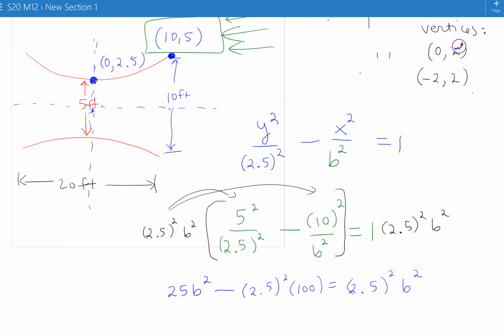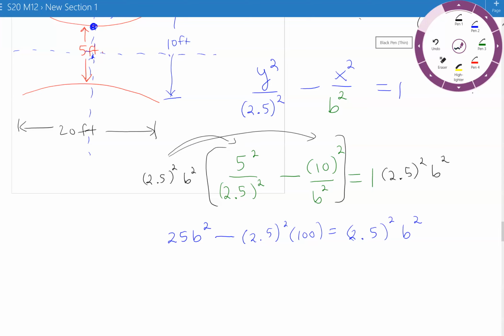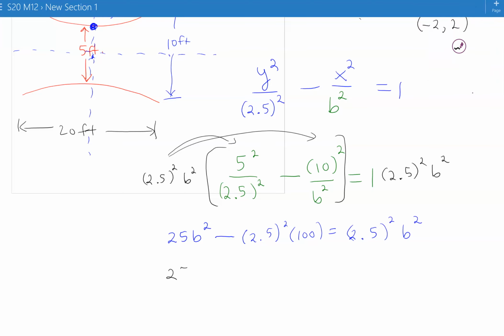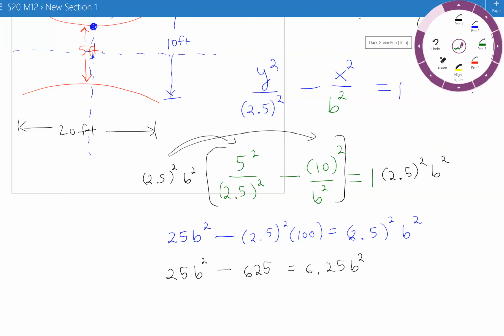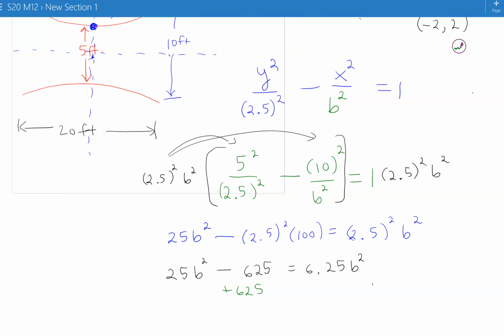Okay, so now I want to gather everything that has a b in it on one side and everything that doesn't have a b in it on the other side. Let's go ahead and calculate. The 2.5 squared is 6.25. So let me just write this as 25b squared minus 625 equals 6.25b squared. So I would add 625 to both sides and subtract 6.25b squared.